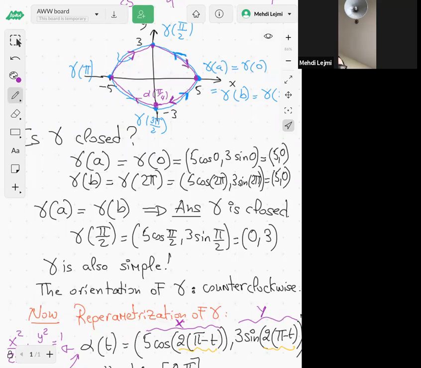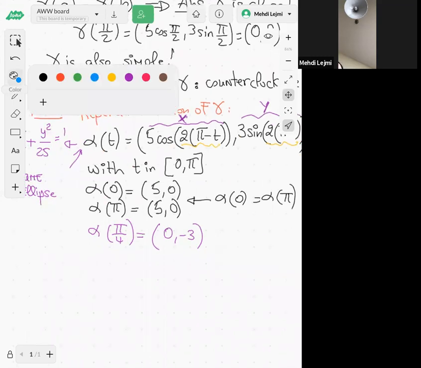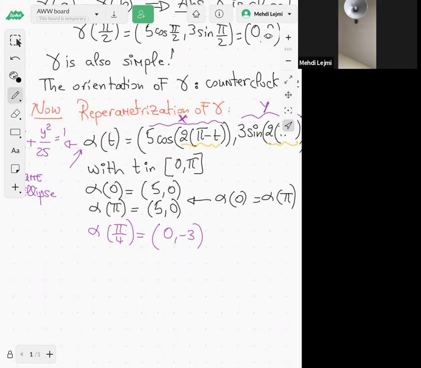So alpha has a clockwise rotation, and gamma, of course, is counterclockwise. So the conclusion is that alpha has opposite direction to gamma.